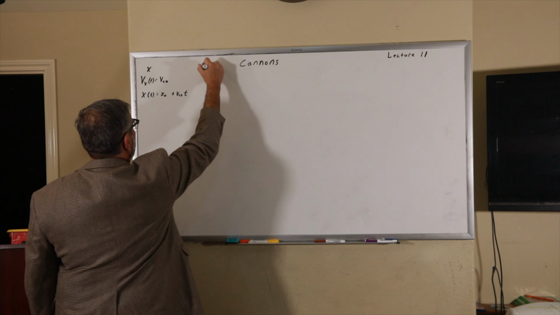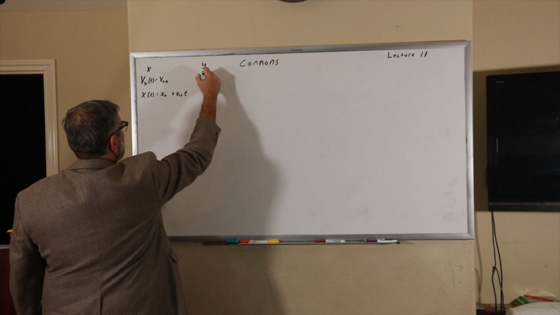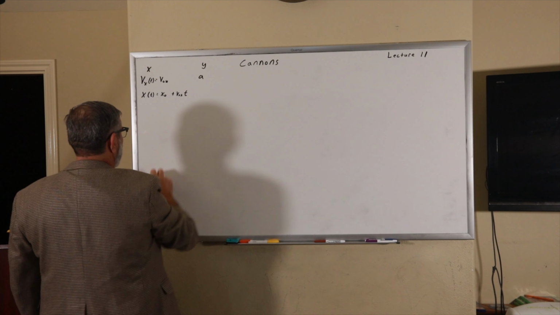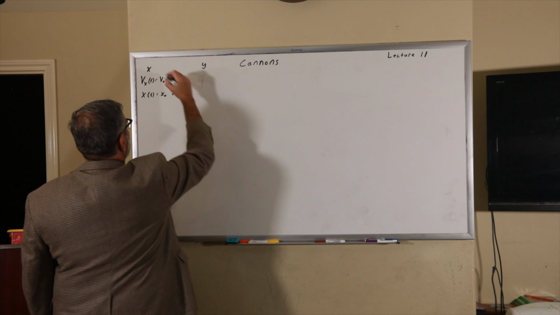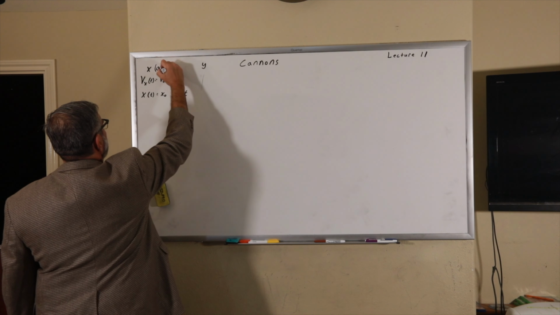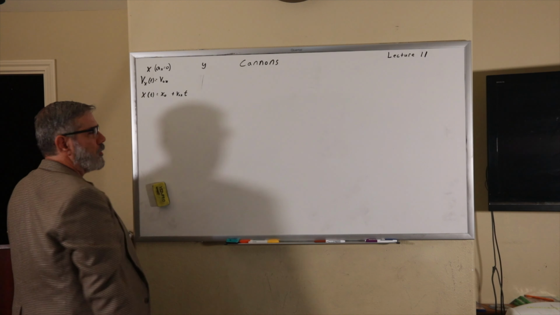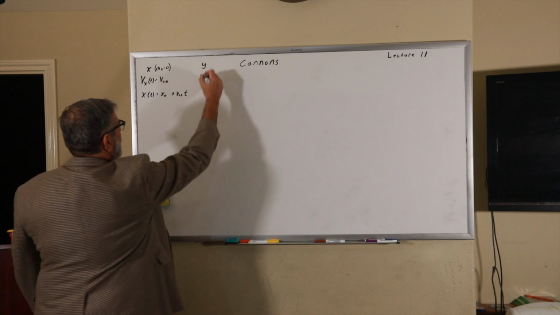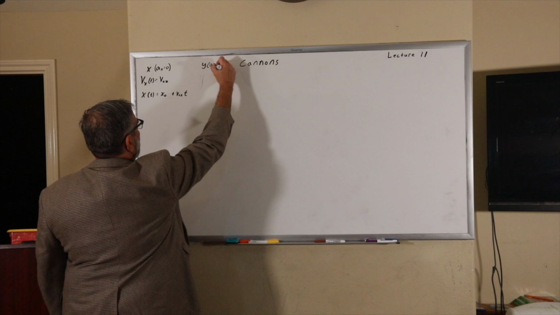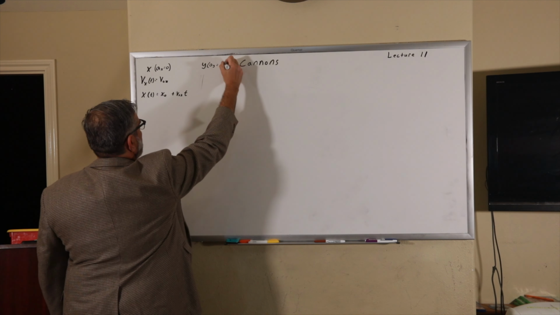The y component will have an acceleration. Actually, I'll write this up here. a sub x equals 0, so that means there's no acceleration in the x direction. Whereas for y, a sub y will be equal to minus g.